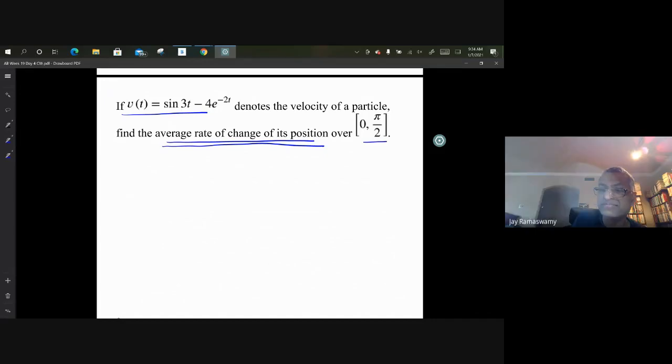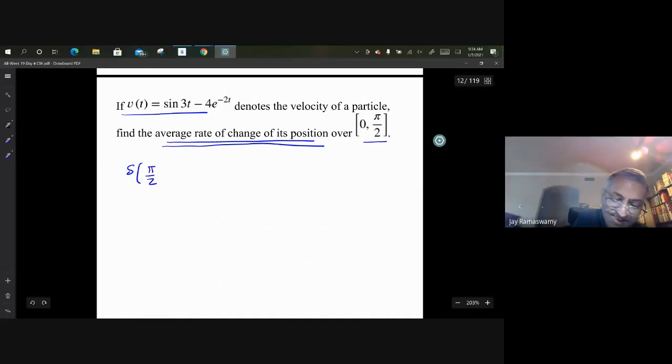Okay, Ms. Carlos, pick it up. S of pi over 2 minus... It says average rate of change of position. So Ms. Carlos smartly says S of pi over 2 minus S of 0, all over pi over 2.